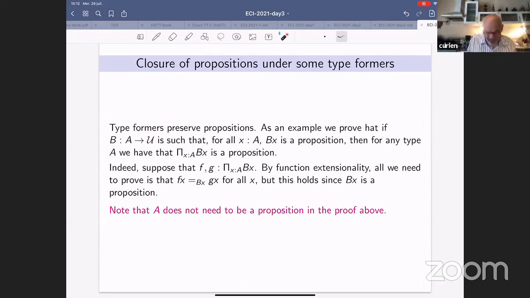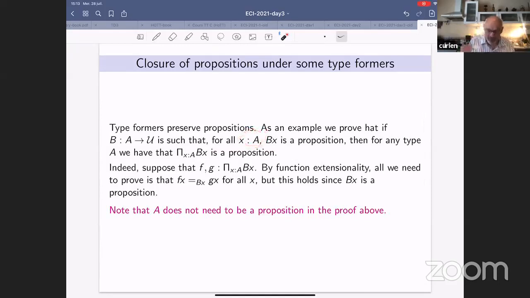That means, for example, if we know that each B x is a proposition, then for all x, A, B x is a proposition. And by the way, we don't even need to know that A is a proposition. So it's even stronger than being closed under type formers, because A can be arbitrary.